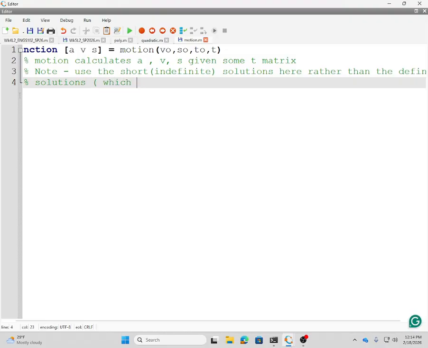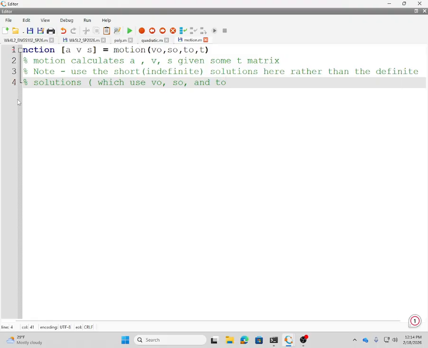What does it mean? It means which uses V0, S0, and T0. You see, I'm going to simply skip those three things, V0, S0, and T0, because as I mentioned here, use the short or indefinite solution rather than the definite solution.